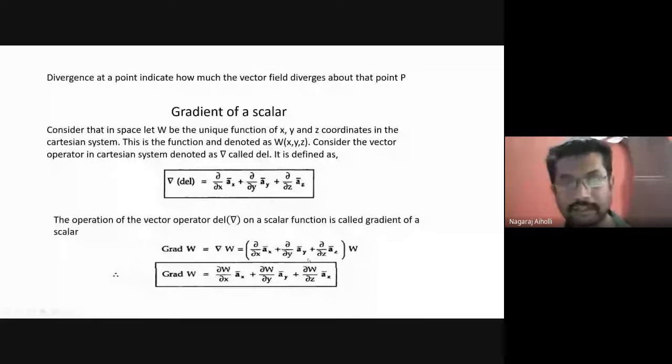If I do that, then gradient W will be ∂W/∂x ax bar plus ∂W/∂y ay bar plus ∂W/∂z az bar. This is what we call the gradient of the scalar function.